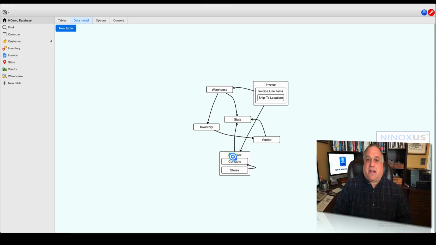We may have 10 customers, and each of those 10 customers may buy 5 transactions from us a year, and each transaction consists of 5 individual line items. So we have 5 customers, each one with 5 invoices.